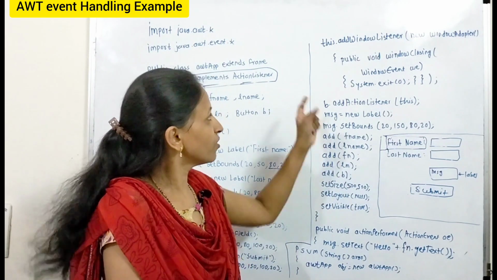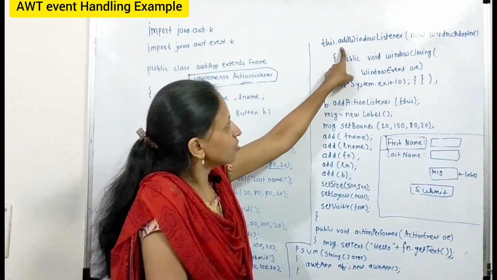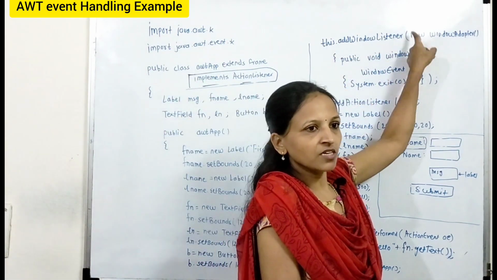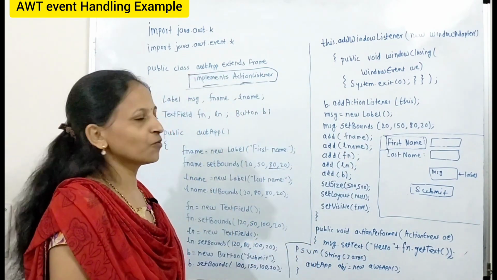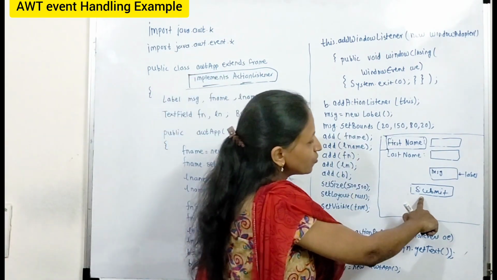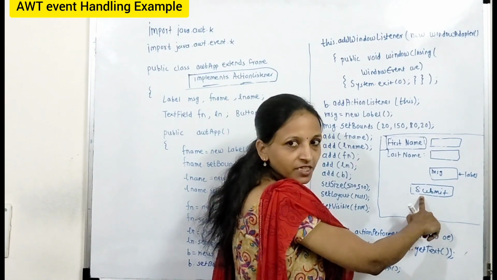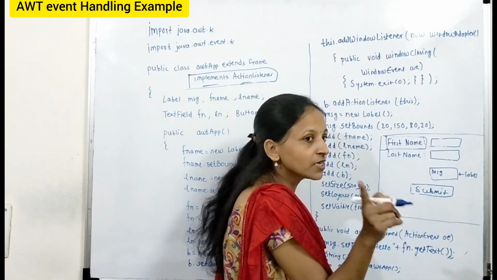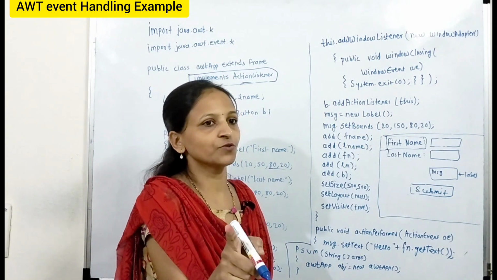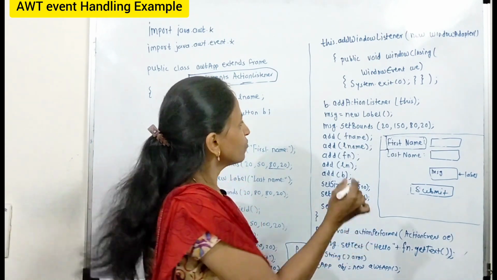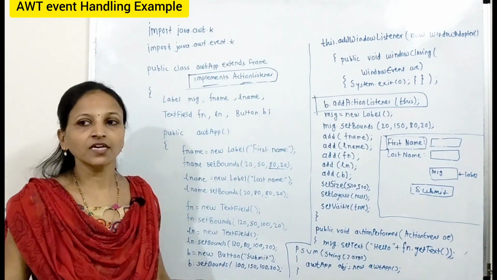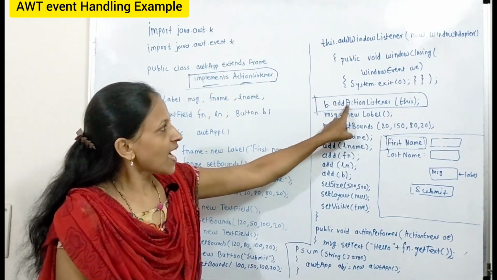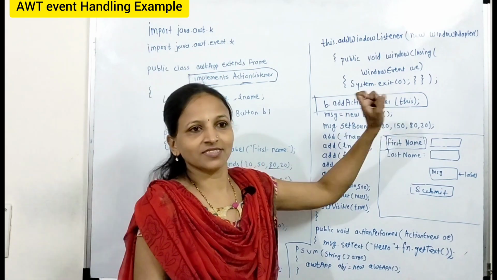Now see how I have written here, this dot add window listener. One more point is remaining here which is very important. Whenever you create any button object, if you want the button click to be handled, you have to write this statement. It is always compulsory. B dot add action listener this.